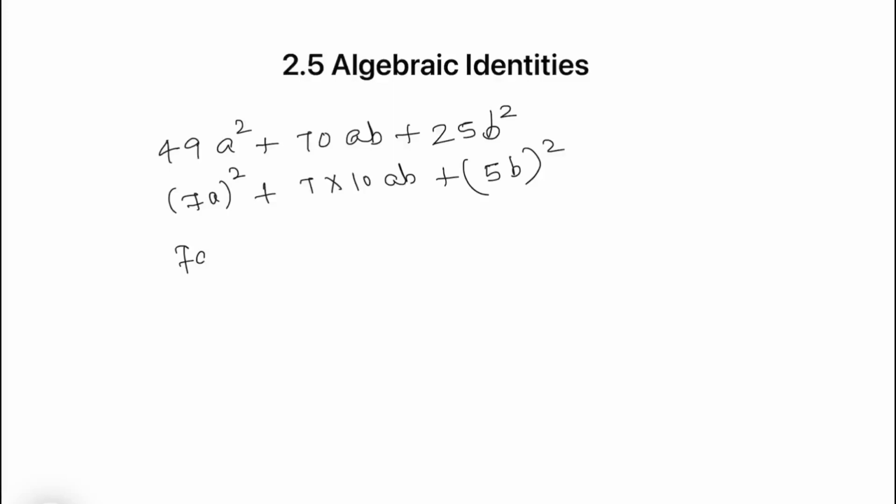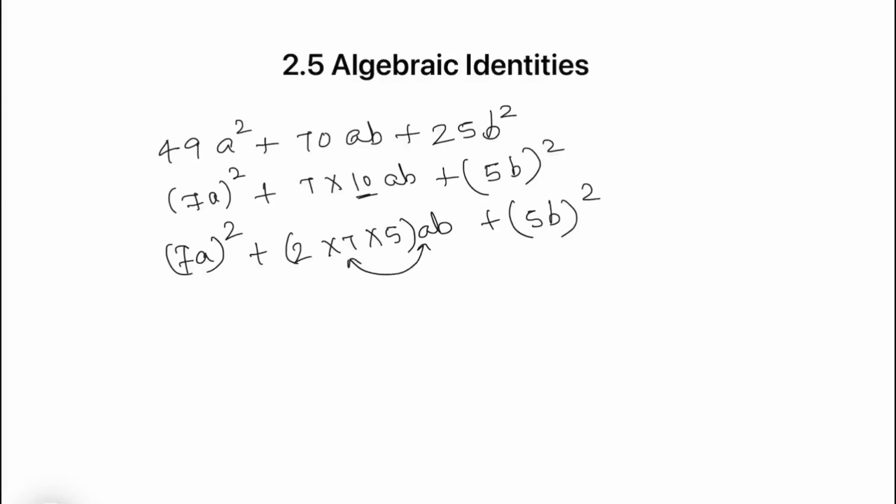So you get 7a square plus, here 10 can be written as 2 into 5. So 2 into 7 into 5 ab plus 5b square. So this 7 and a can be put together and 5 and b can be put together. So (7a) square plus 2 of 7a of 5b plus (5b) square.